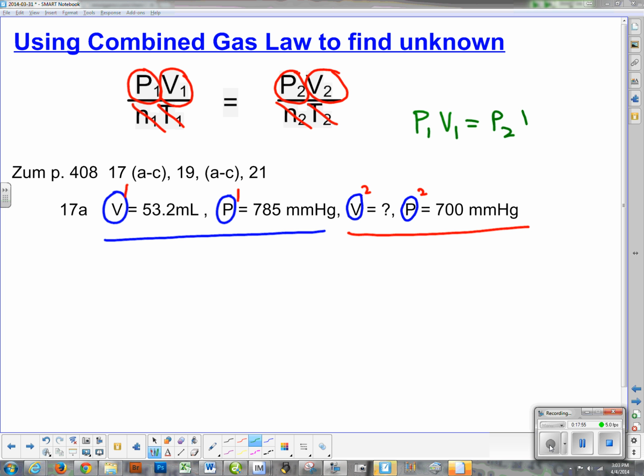And when you do this, be sure that you use your variable in the unit of measure that you see here, or the kind of unit of measure. So we have a P1, right, and a V1?